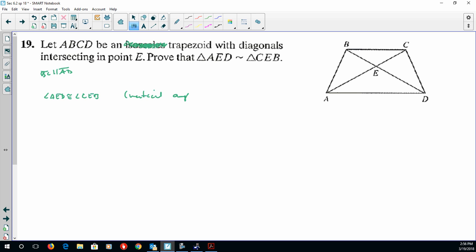Angle CBE is congruent to angle ADE, okay, because I have two parallel lines cut by a transversal, alternate interior angles.